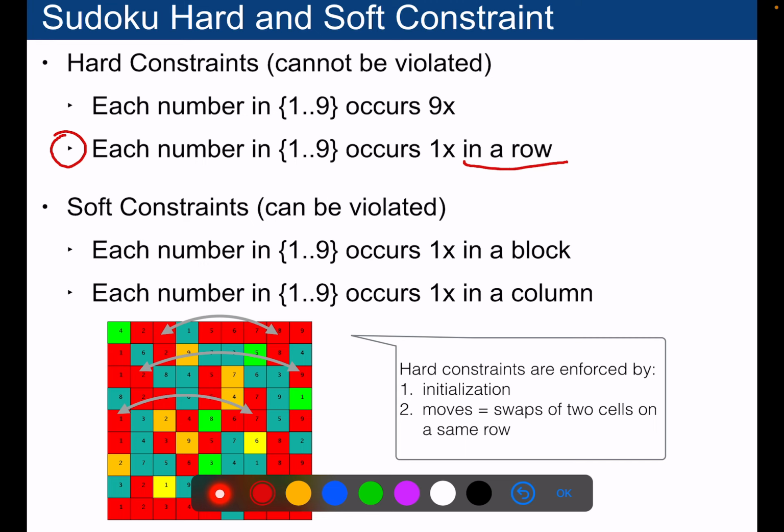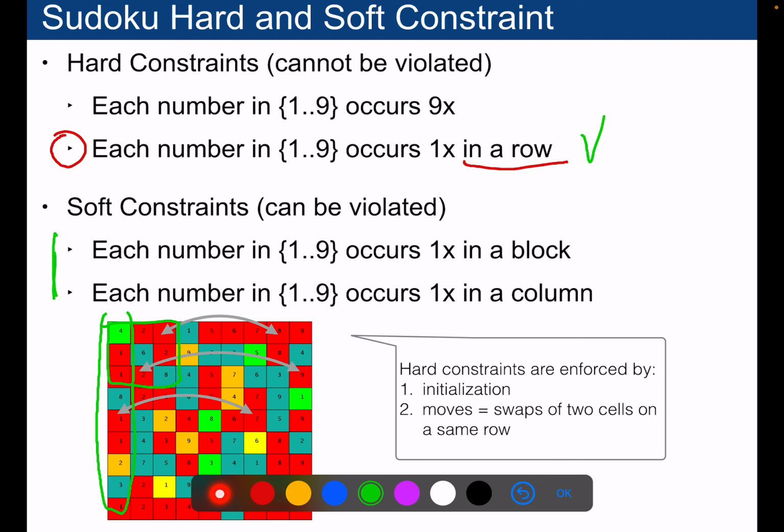It's quite easy to find an initial solution that maintains that we have a permutation on every row at the beginning. And then if we only keep swapping cells on the same row, this constraint will remain satisfied. Okay, so that's not too difficult. And as a soft constraint, we would like to satisfy the fact that we have a permutation on the columns and on every block, right?